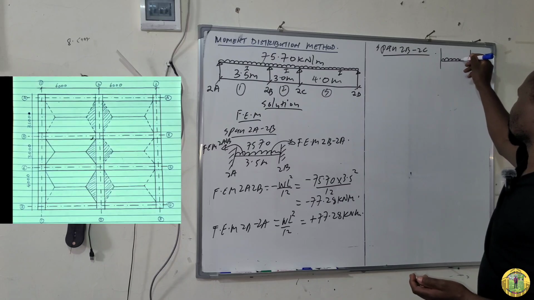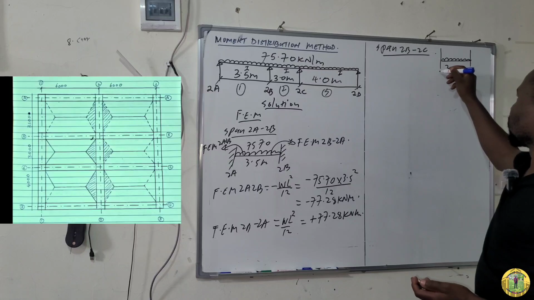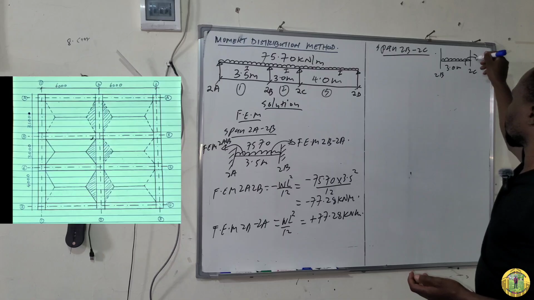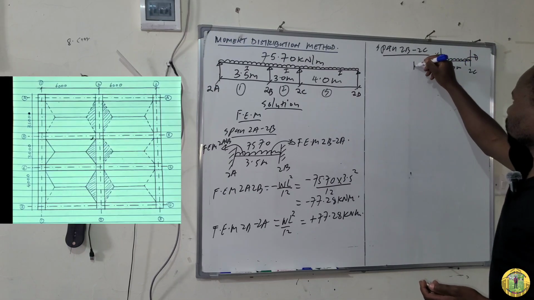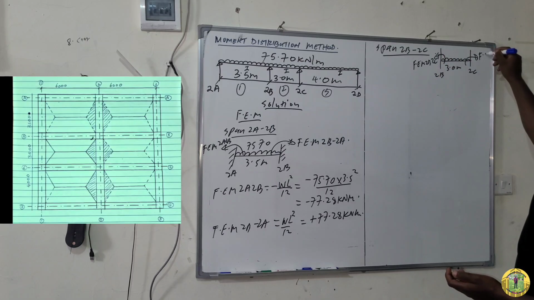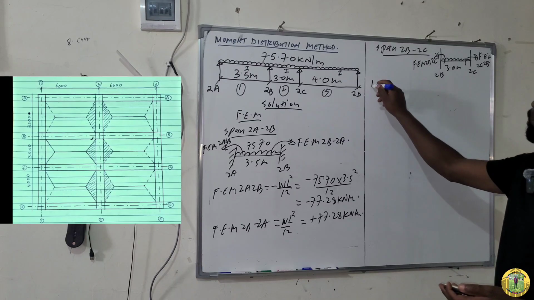So this is the span, and this is 3.0 meters. This is 2B and here is 2C. Then the fixed end moments: fixed end moment 2B, 2C, and fixed end moment 2C, 2B.